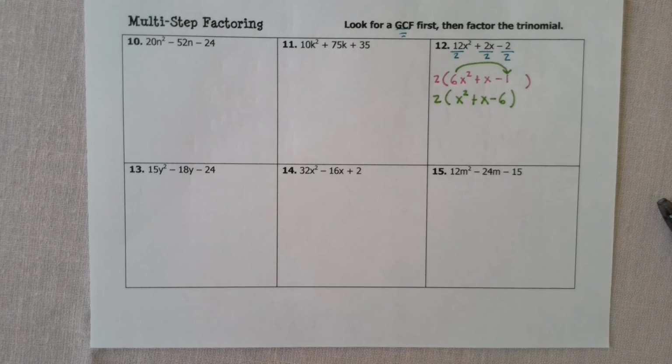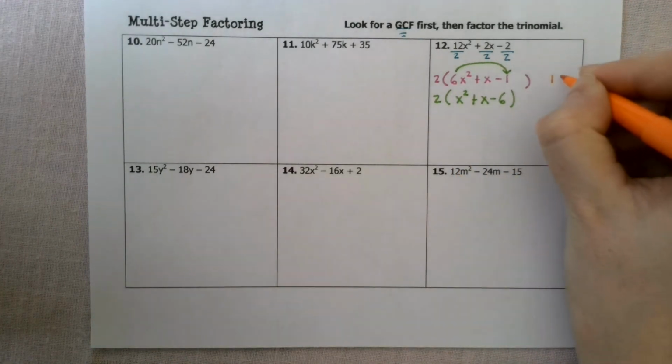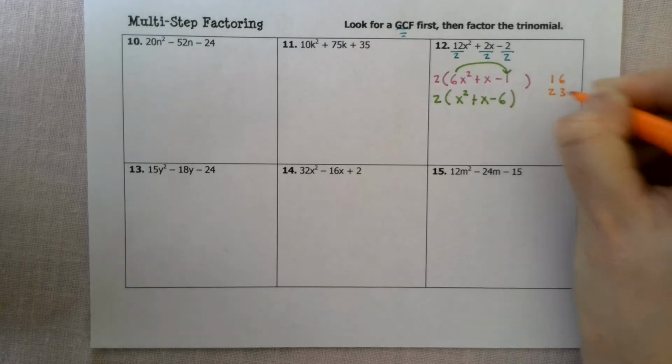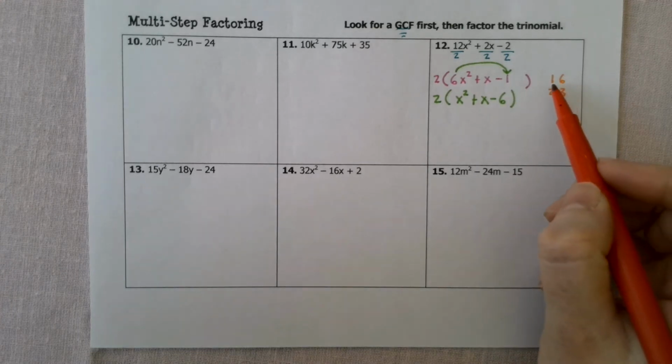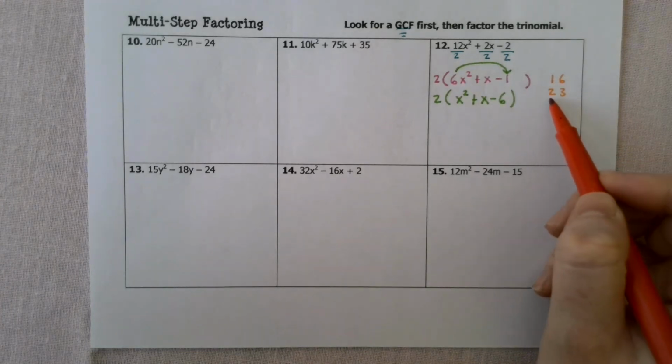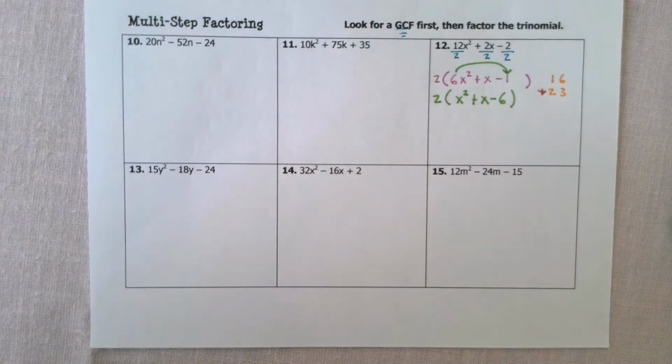Find your factors of 6, 1 and 6, 2 and 3. Which one is going to multiply to give you 6 and add to give you 1? Well, this one will give you 7 or 5. This one will give you 5 or 1. So we definitely want to use the 2 and 3.